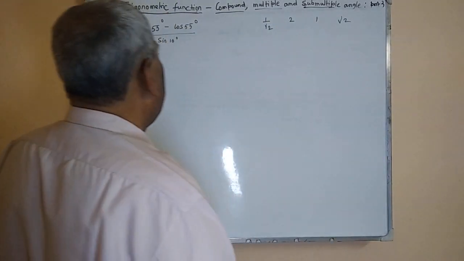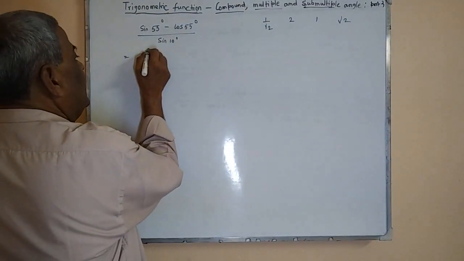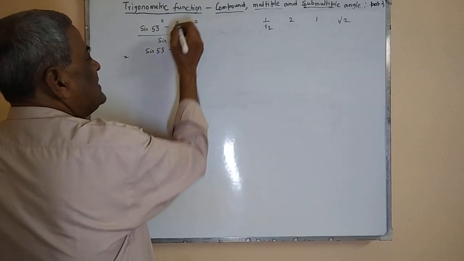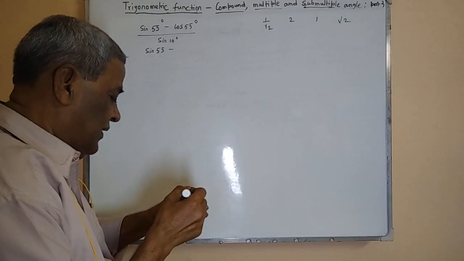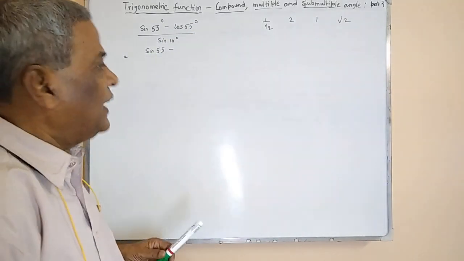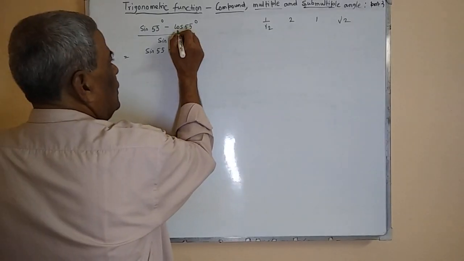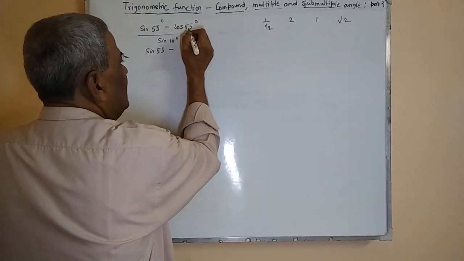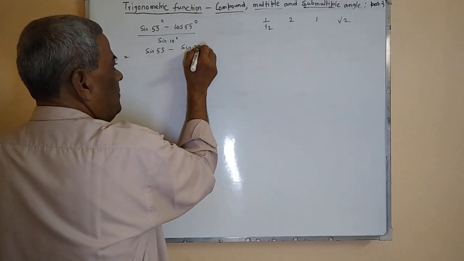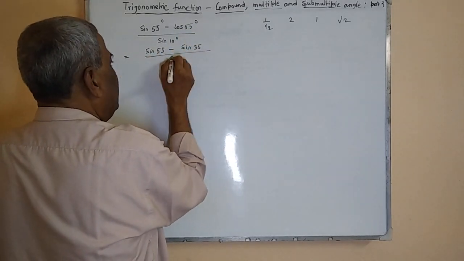That's why we write sine 55, minus, this can be expressed in terms of sine, so that the sine C minus sine D formula can be used. This is cos of 90 degree minus 35 degree. So it is sine 35 degree by sine 10 degree.